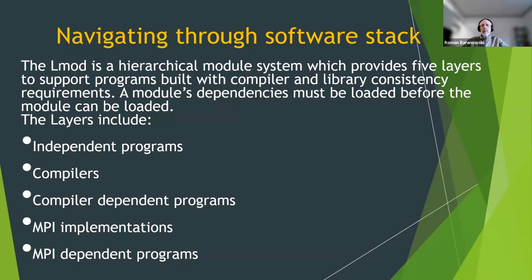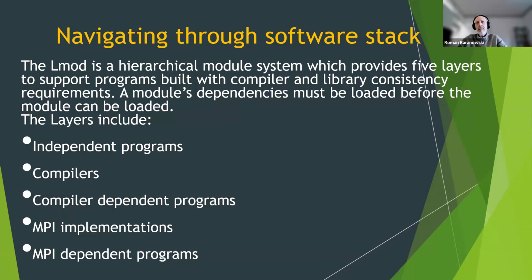The next layer is MPI implementation. If you are developing your own MPI code, or you rely on some programs which are built using the MPI, message passing interface, you have to load appropriate MPI modules. Once again, within Compute Canada, Alliance and Sockeye, we have this MPI implementation built with most of modern compilers.